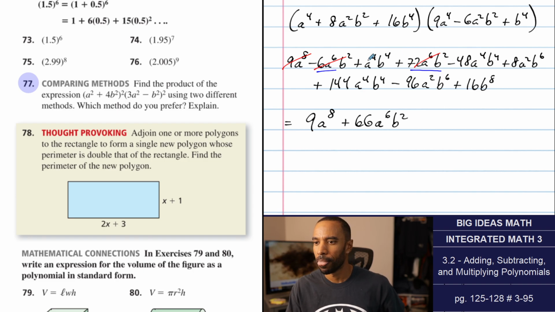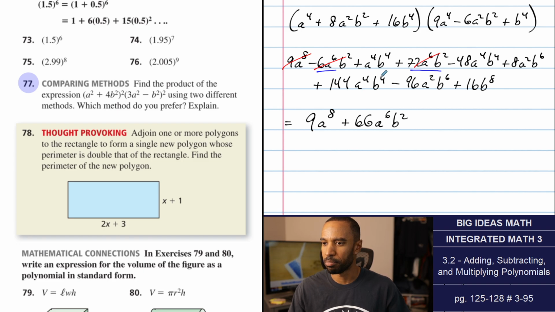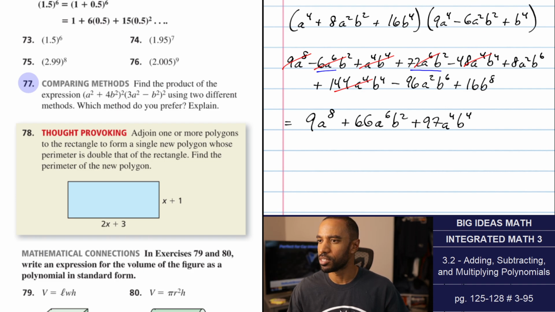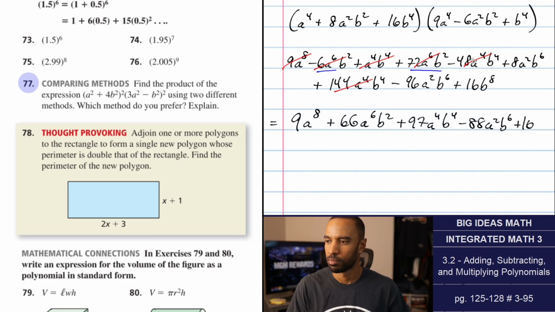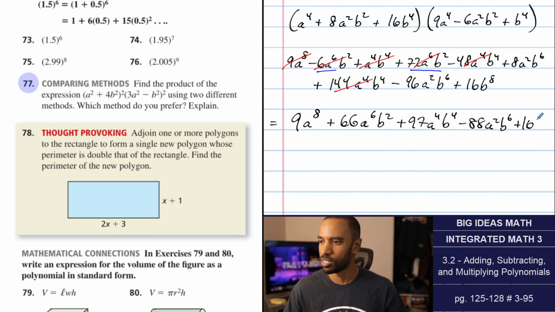I got 3 of them. I got 1 a to the 4th b to the 4th minus 48 plus 144. So 145 minus 48 is 97, I think. This is where I might make a mistake here somewhere. I don't know. And then a squared b to the 6th is negative 88 for those two. And then plus 16 b to the 8th. I got to move that over a little bit. Plus 16 b to the 8th.